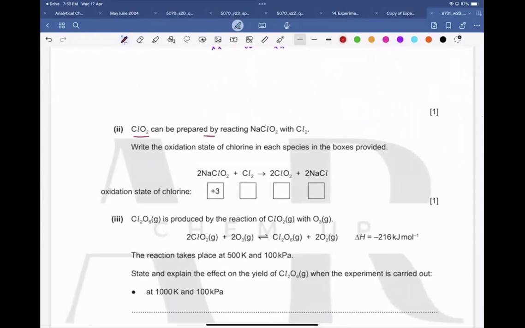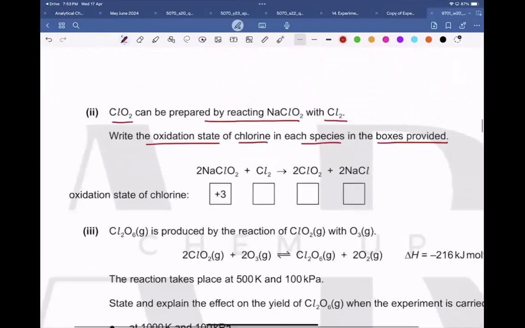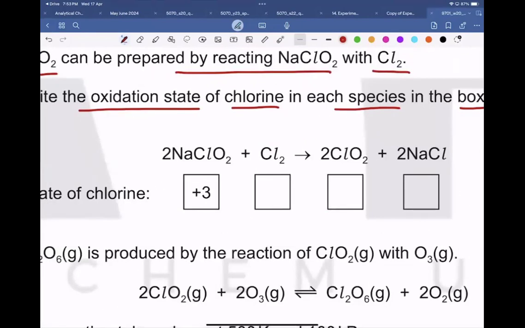ClO2 can be prepared by reacting NaClO2 with Cl2, sodium chlorite with chlorine. Write the oxidation state of chlorine in each species in the boxes provided. Okay, so see, here they have given you the oxidation state of this chlorine, which is +3.